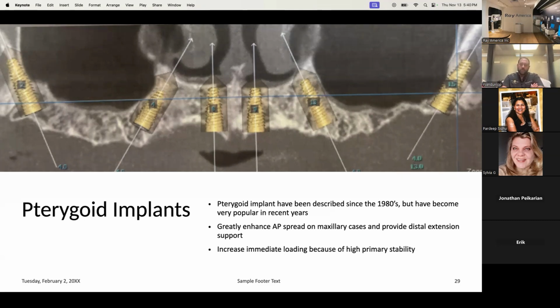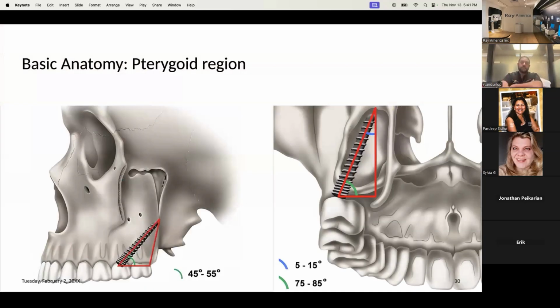So even though this is old technology and an old technique, the ability to get an enhanced AP spread on maxillary cases, and the ability to load these cases because of their high initial insertion torque, has really made pterygoid implants a popular methodology. So to review a little basic anatomy, we're trying to get the apex of an implant to engage the very dense cortical bone of the medial pterygoid plate, or the bone in between the medial and lateral pterygoid plate.